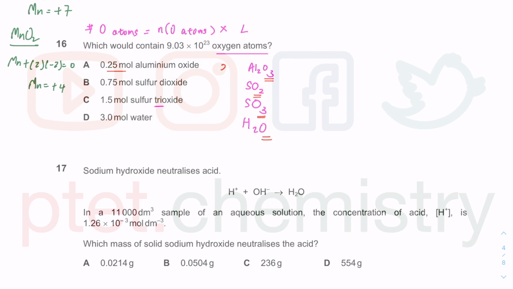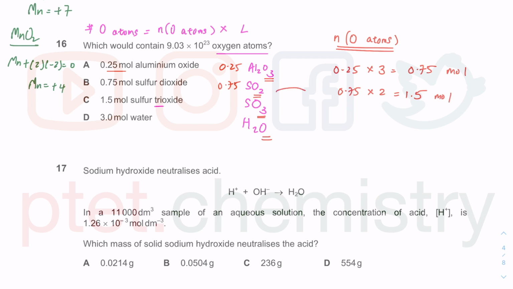So in 0.25 mole there, the mole of oxygen atoms is going to be 0.25 times 3, which is 0.75 mole. So it's 0.75 times 2, because there are 2 oxygen atoms in 1 molecule, in 1 mole, but you only have 0.75, so you will get 1.5 mole.